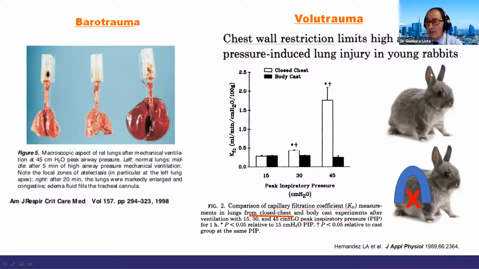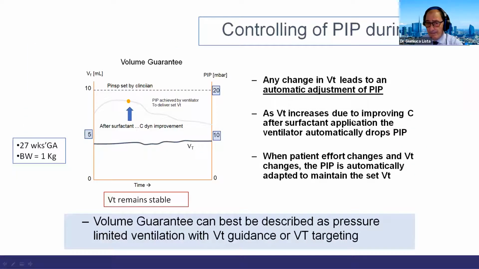Only in the category of preterm rabbits in which the chest wall was free to move, and so to generate a volume, was the lung injury higher than in the other one. So this was a very important experiment that demonstrated that volutrauma is very important.